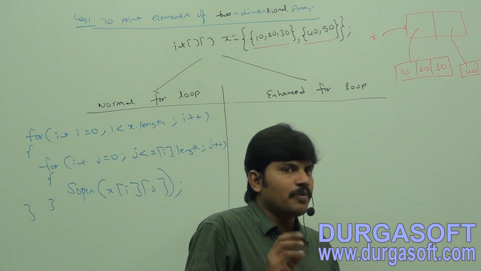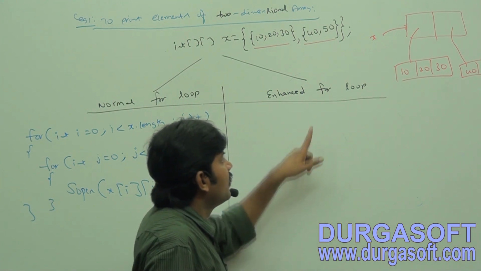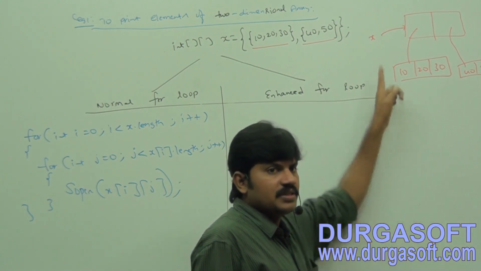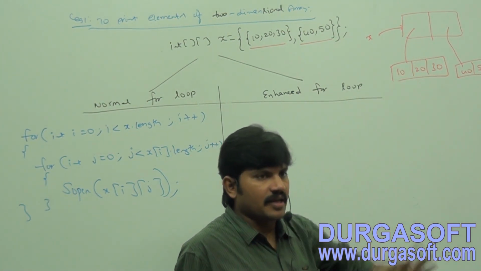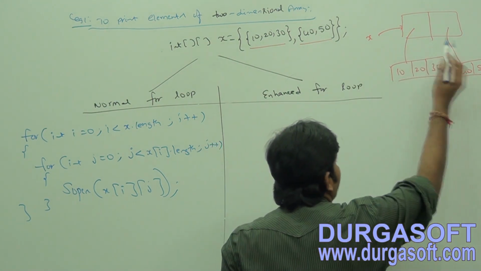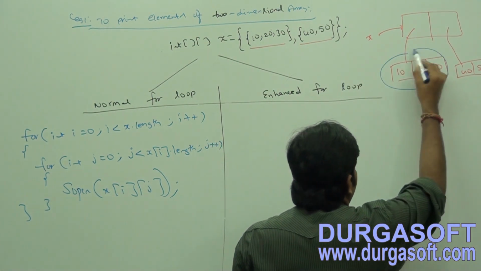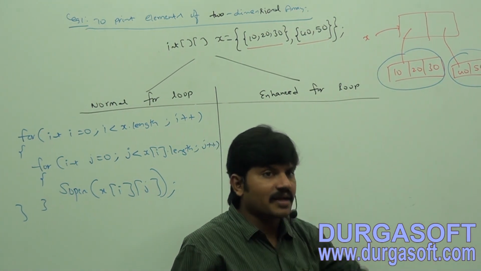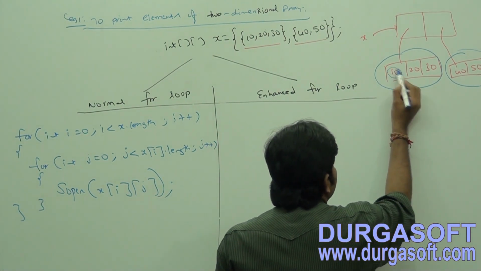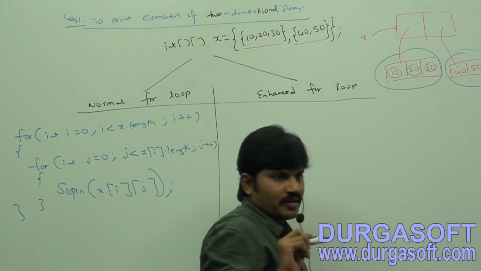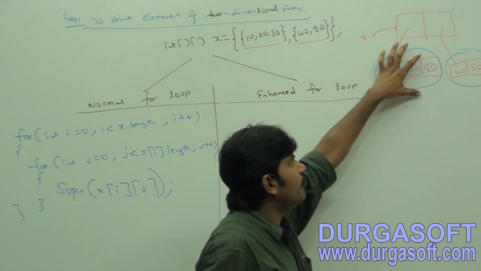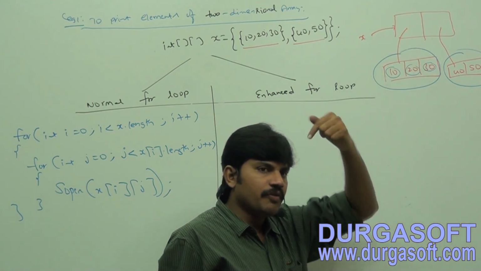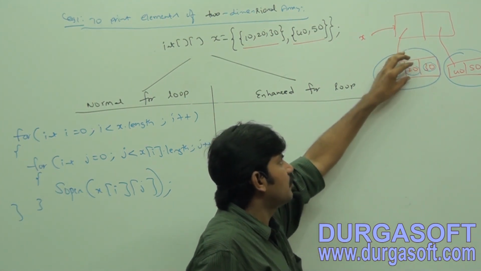But for each loop, how much easy can you expect. Sir, here what is x? x is a two-dimensional array. A two-dimensional array contains one-dimensional arrays, correct or not? And one-dimensional arrays contain int values. Now in every one-dimensional array present inside x, each int value I have to print.